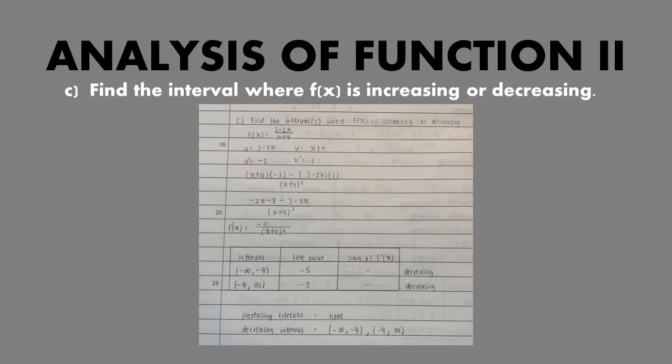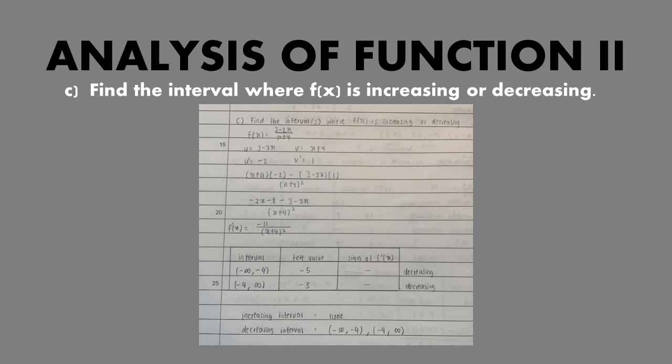We need to test a value in each interval and insert it into the derivative we just found. I use −5 and get a negative sign for the interval negative infinity to −4, which shows that it is a decreasing interval.